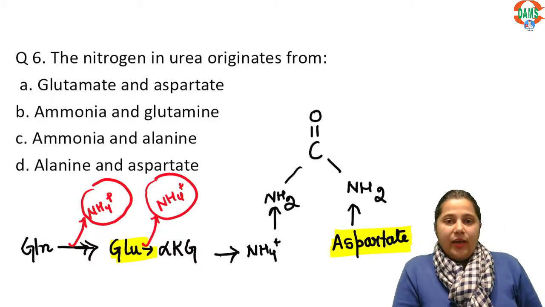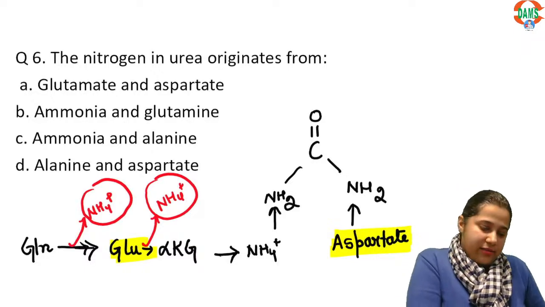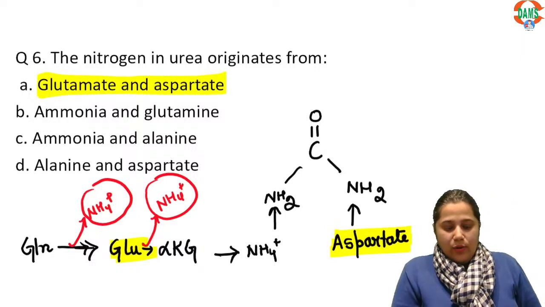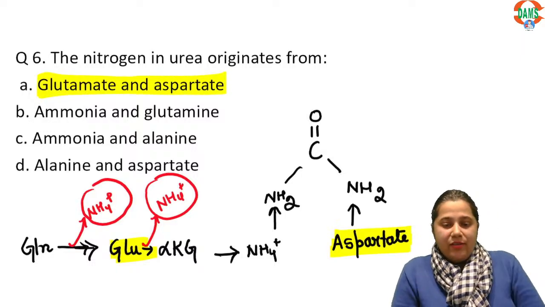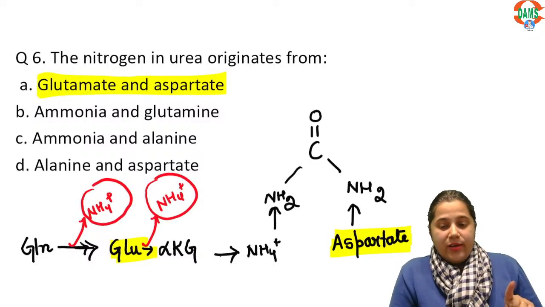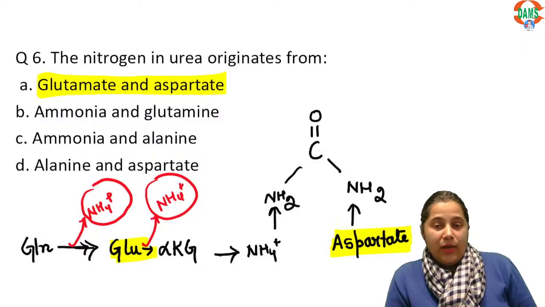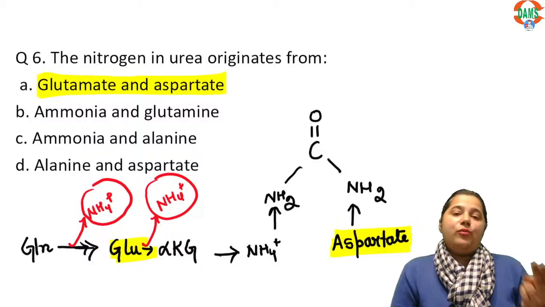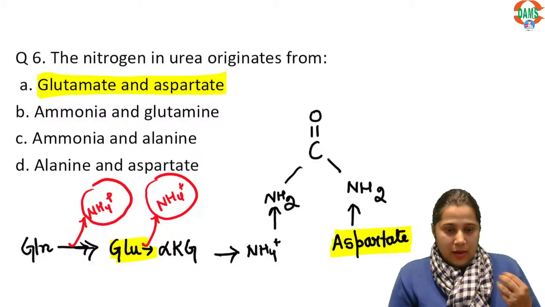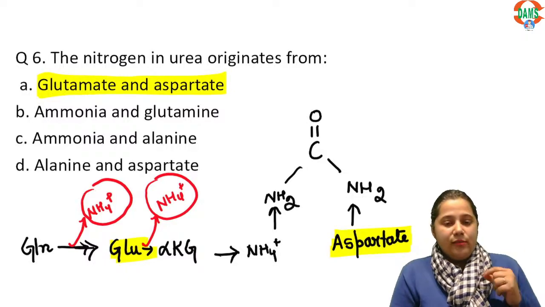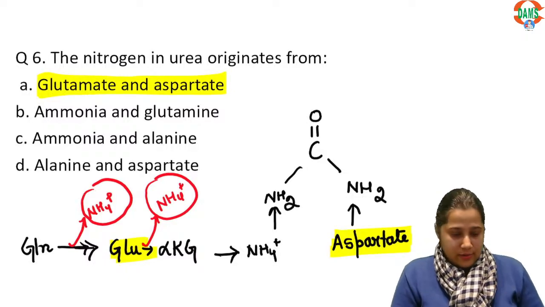This is a trickier question, and hence my answer is glutamate and aspartate, because the second nitrogen is coming from aspartate only, but the first nitrogen is coming from ammonia. The source of that ammonia is glutamate as well as glutamine. Now have you understood this question? Question number 6, the answer is glutamate and aspartate.